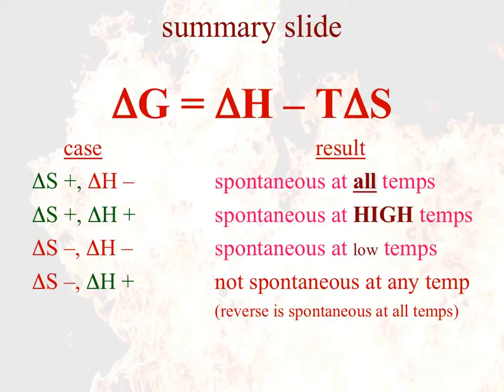So in this case, they would both contribute negatively to the delta G value, so you'd have a spontaneous reaction.